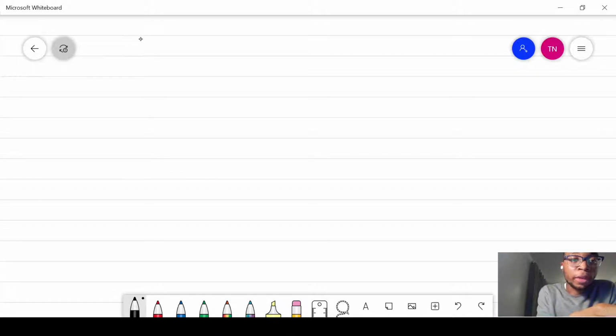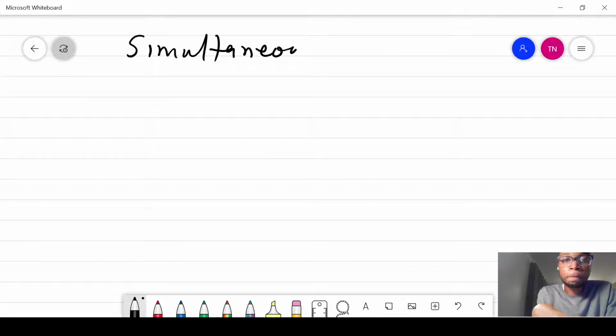So let's start our session for today. We are going to be dealing with simultaneous equations.